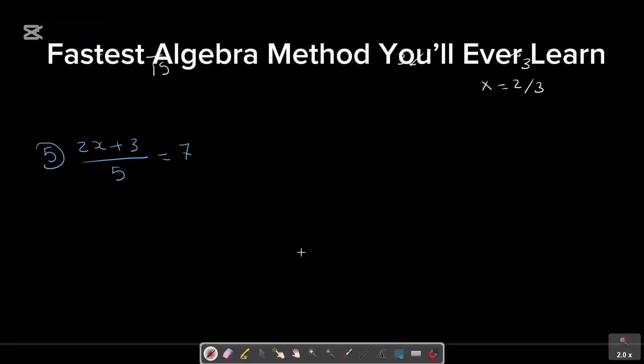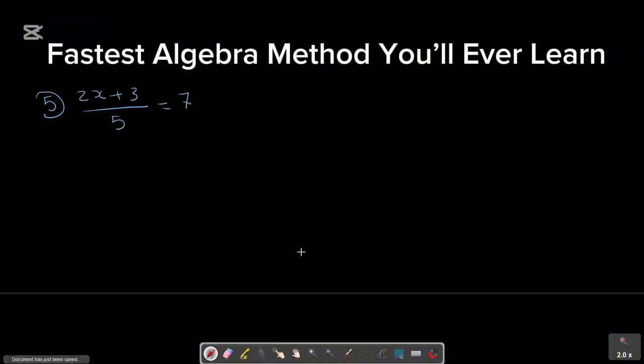Now, how about this? Looks more complicated. We're going to follow the same thing. So cross the 5 to the 7, and you'll end up with 2x plus 3 equals 35.